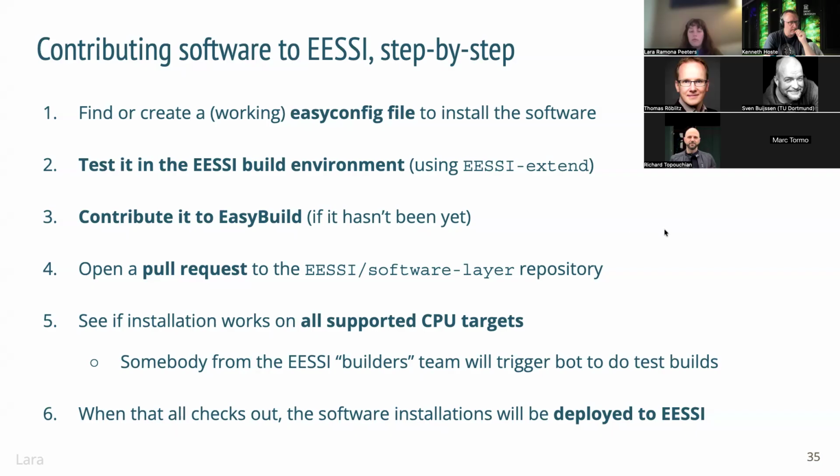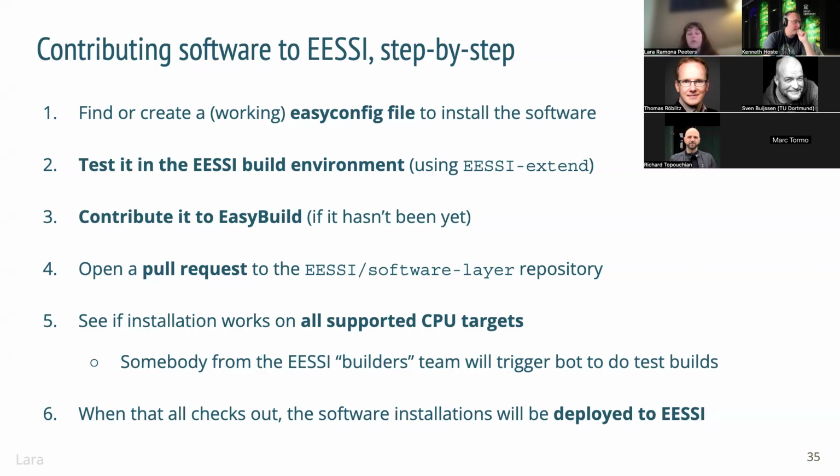If you're sure of that, then you can contribute the EESSI config to EESSI build if it wasn't in there yet. And then you can open a PR, so you don't have to wait until your EESSI build PR is merged before you can open a PR in the EESSI software layer repository.